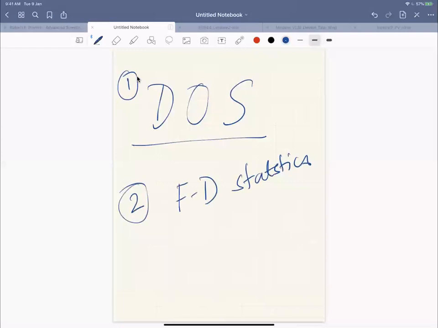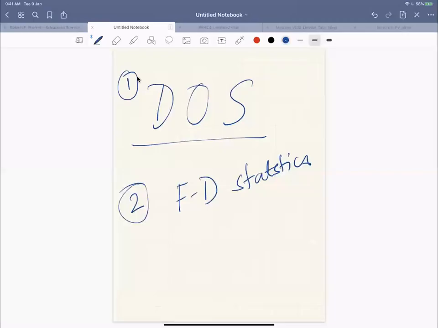How many of you have heard about density of states? Can you tell me what is density of states? I assume that you might have done it in your basic semiconductor course. So what is density of states? Anybody? How do you define density of states? Bhavesh, any idea?